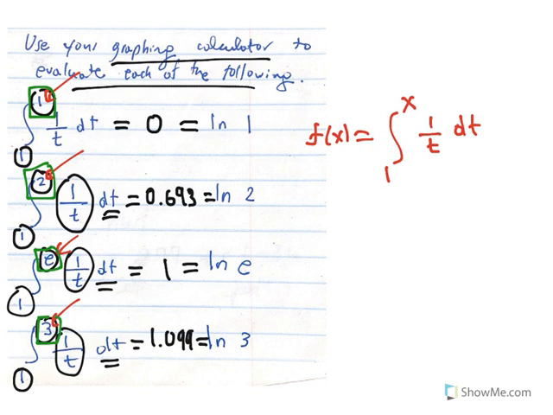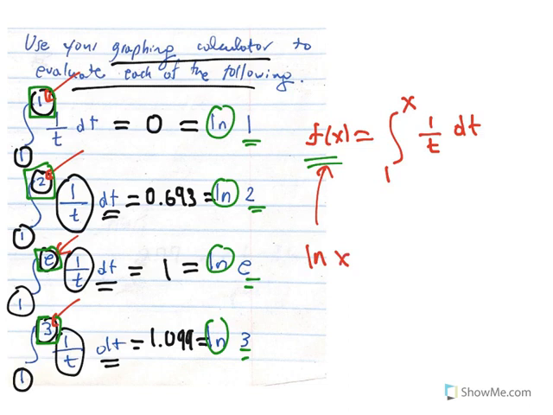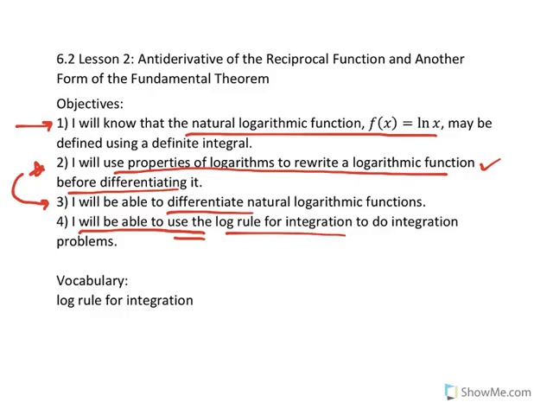So we may write that as a definite integral, and what we observe from our activity is that this function f of x is actually equal to the natural log function evaluated at x. So from our activity, we see that we may define the natural log function as this definite integral. So we've achieved our first objective.